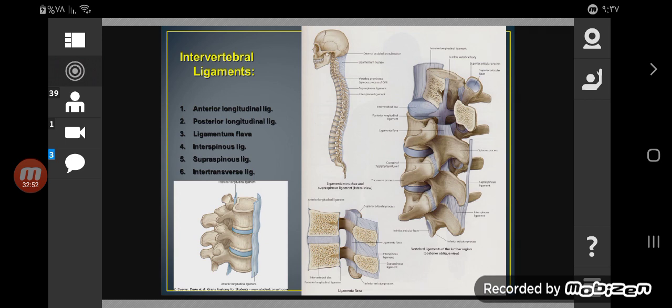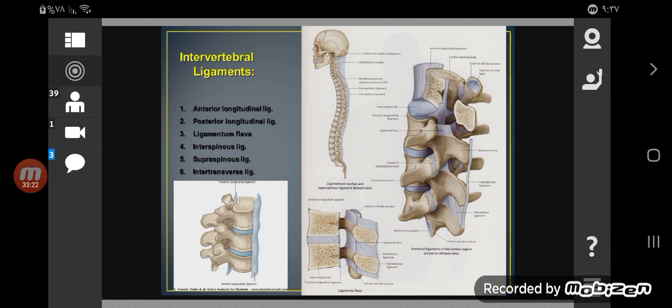And the next ligament is the posterior longitudinal ligament. The posterior longitudinal ligament is located inside the vertebral canal, as you see in this picture. This is the vertebral canal, and on the anterior wall of the vertebral canal, you can find the posterior longitudinal ligament.